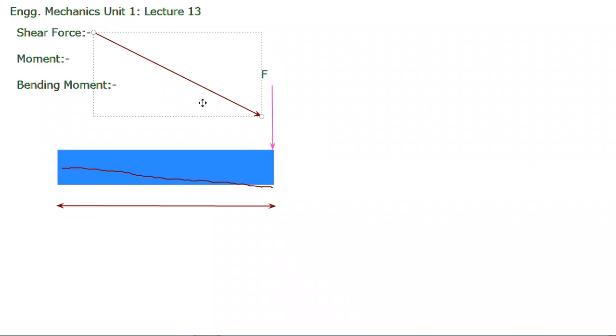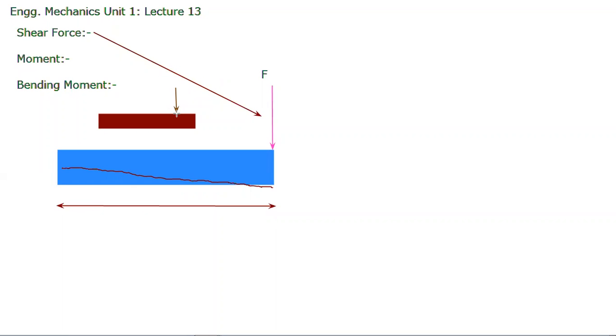Now after that, there is a moment. Moment is a simple moment. If you have a certain object like this, and some force is acting on this object, whether this force is trying to bend it or not, that doesn't matter here.